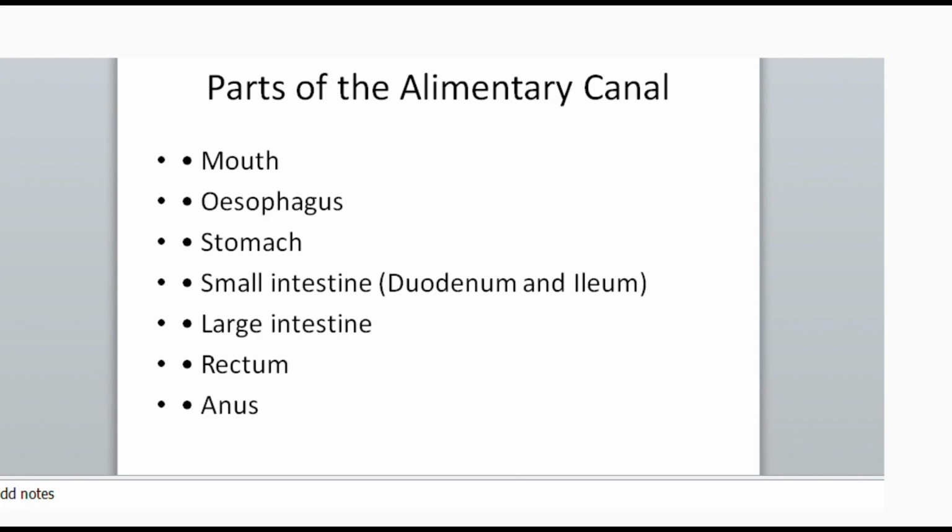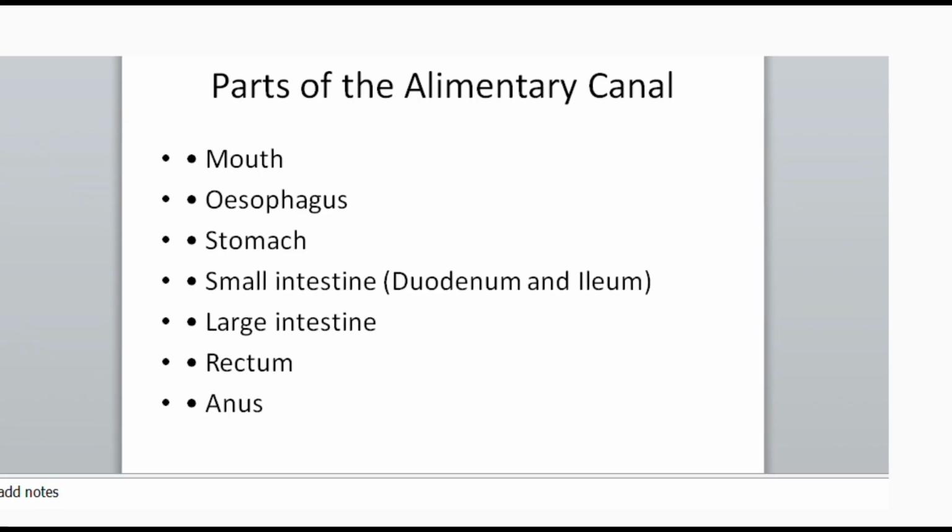The alimentary canal of man includes the mouth, the esophagus, the stomach, the small intestine, which includes the duodenum. We also have the jejunum, which is like the junction between the ileum and the duodenum.